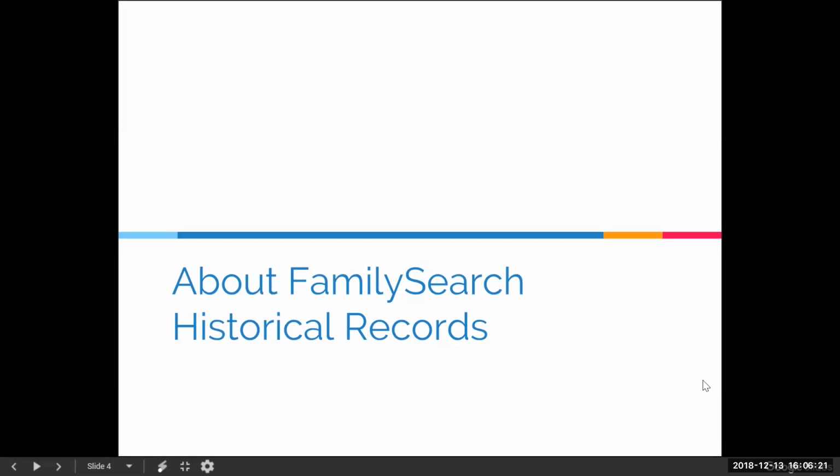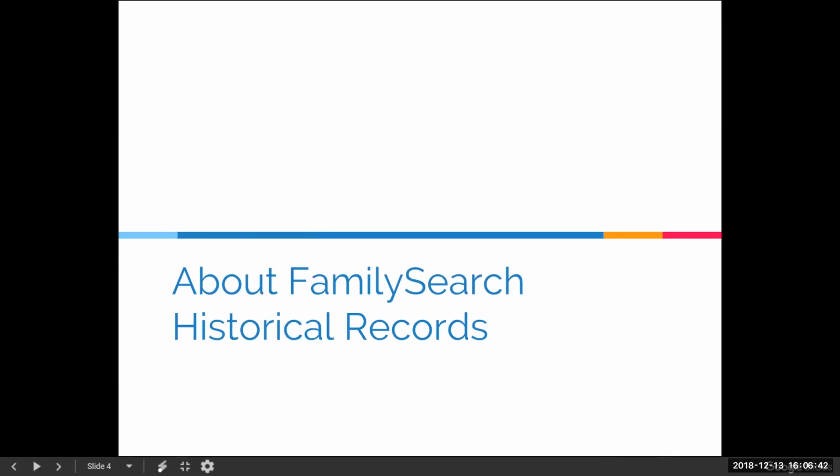And it's been interesting to me as a consultant to realize that there's a lot of confusion about what exactly FamilySearch Historical Records are. Some people think they're Ancestry.com records, which is actually not true. Ancestry is a completely separate entity, although they do partner with FamilySearch.